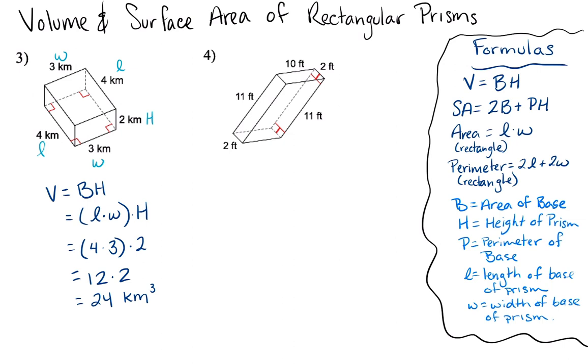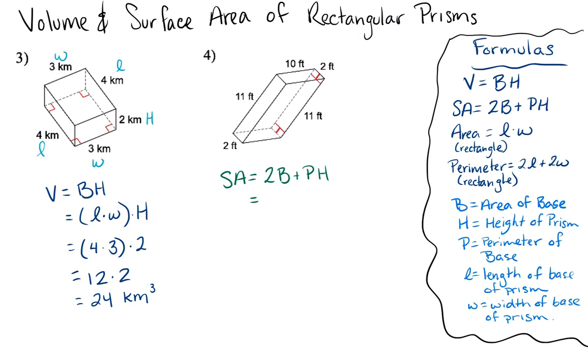Okay, the other example is dealing with the surface area. So to calculate the surface area, we're going to need 2 times the area of the base plus the perimeter of the base times the height of the prism. Okay, so now let's start replacing these values.